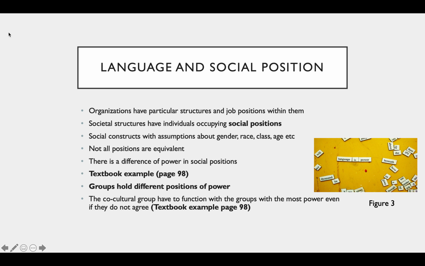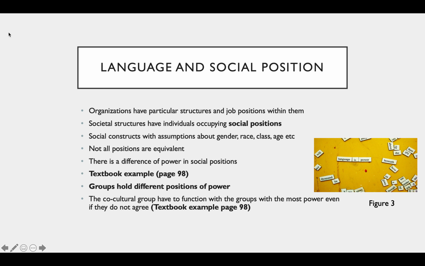The co-cultural groups would be ethnic minorities, women, and homosexuals, who might not represent the entire society and therefore need more majority space. We could also call them non-dominant groups, because they're trying to adapt to the dominant cultural group. They have their own communication. How can they communicate in their own style as well? Then we have an example from Julius Malema that you can read by yourself, which carries on at the bottom of page 98 to 99.